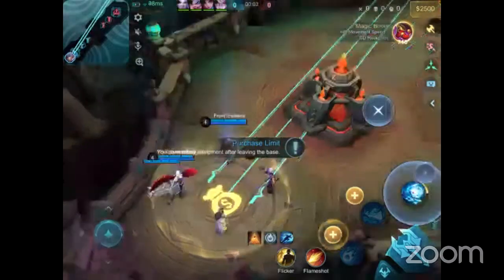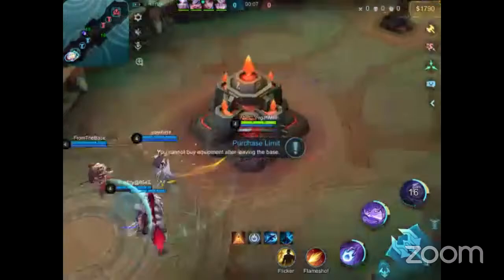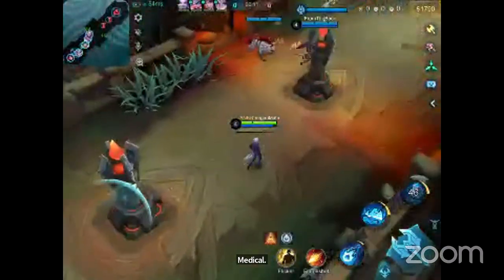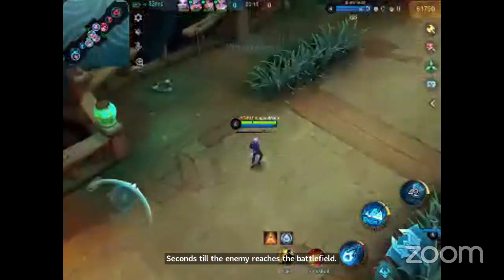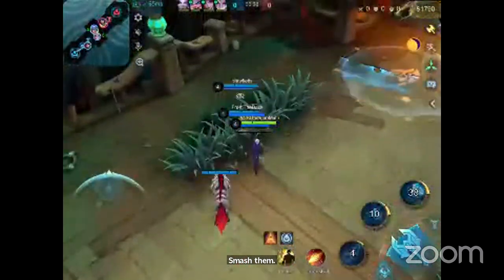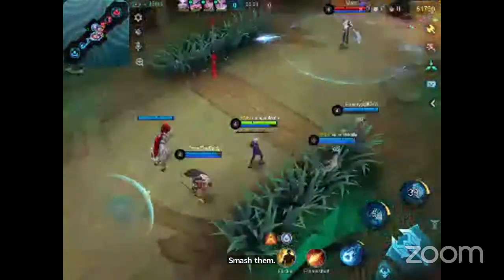Welcome to Mobile Legends! 5 seconds till the enemy reaches the battlefield. Smash them! All troops deployed!